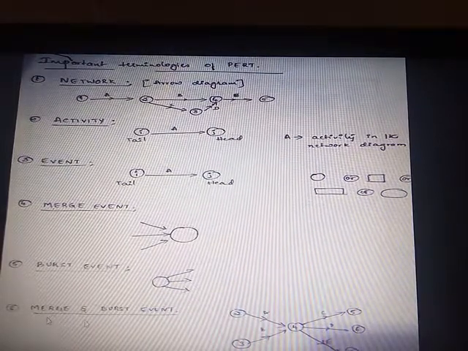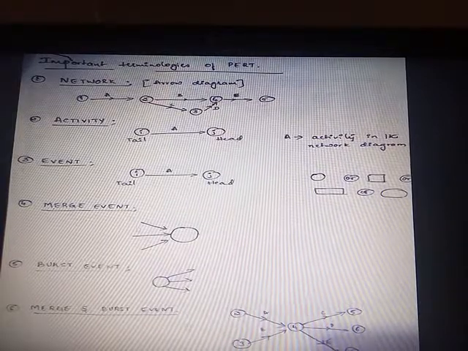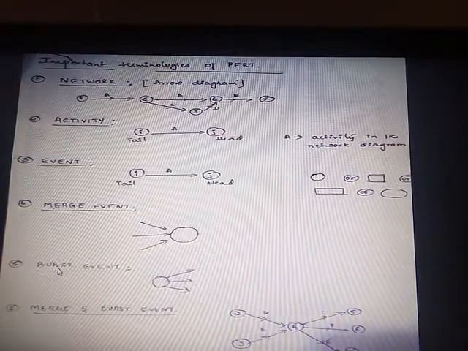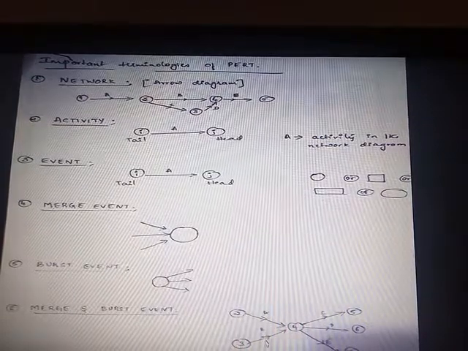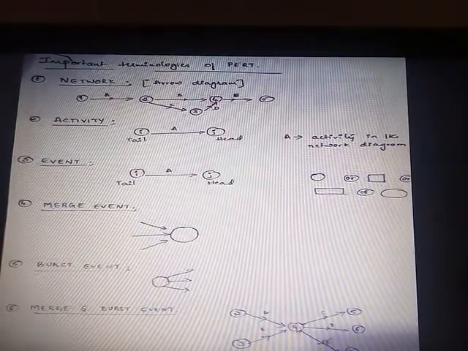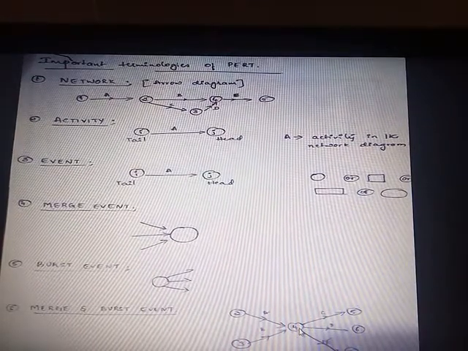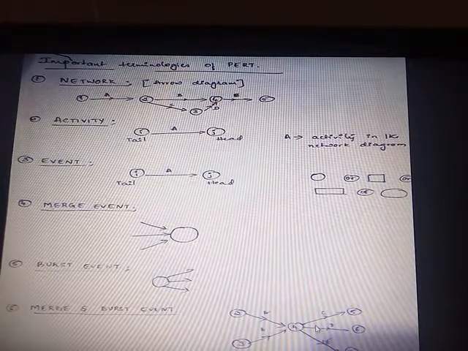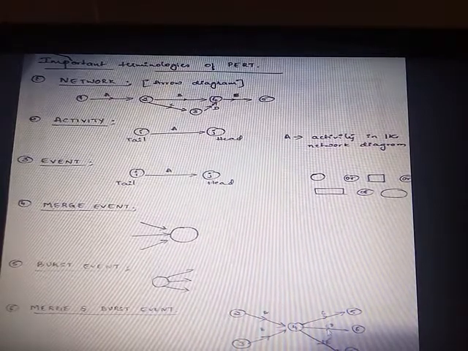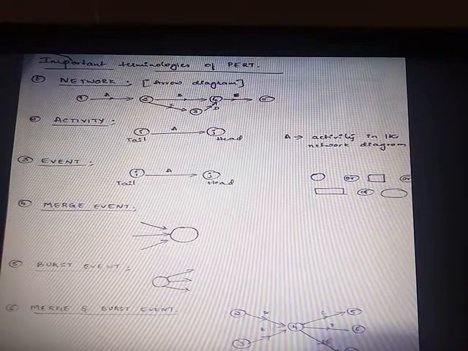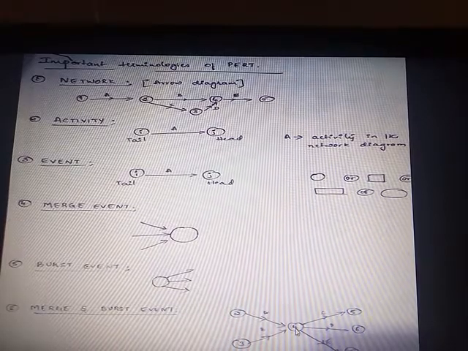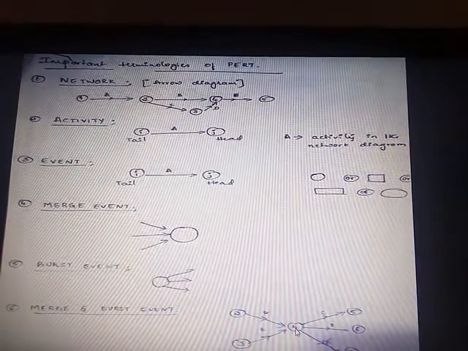Next, moving to the merge and burst event. It is a combination of merge as well as burst. When two or more activities end at a common event, and that event is the beginning event for two or more other activities. For the first activities, this one is the ending event.